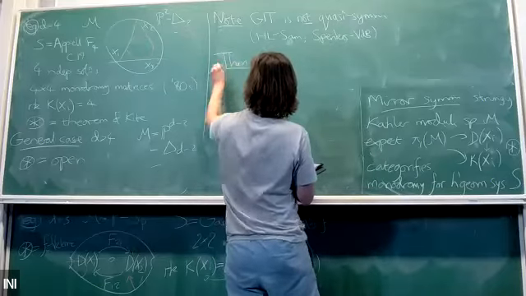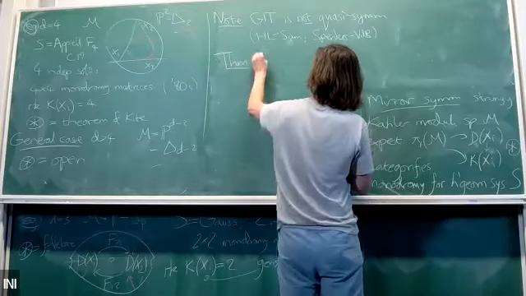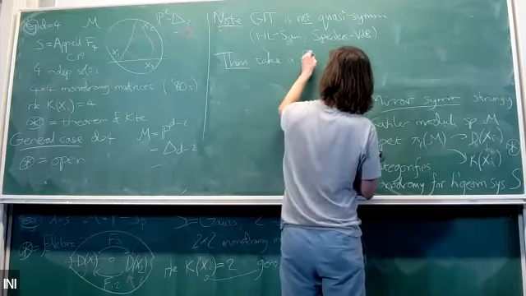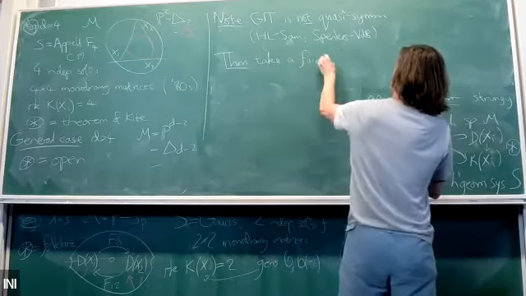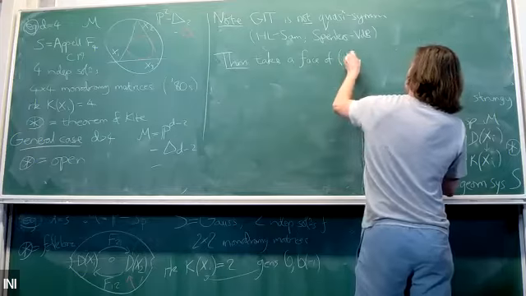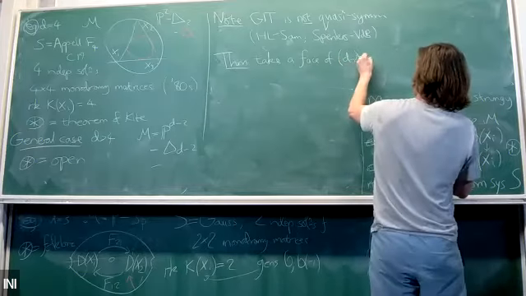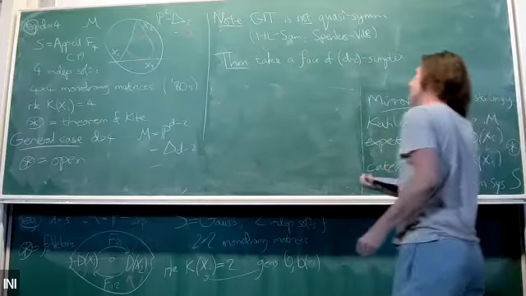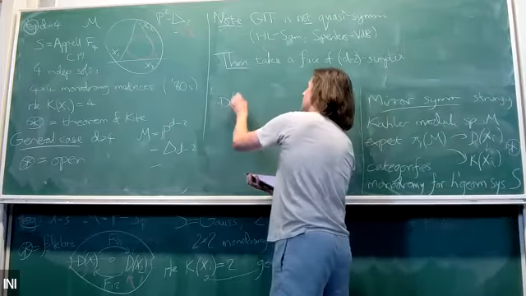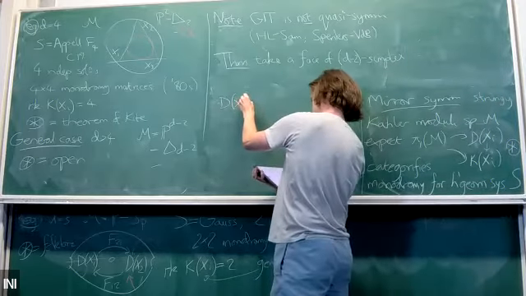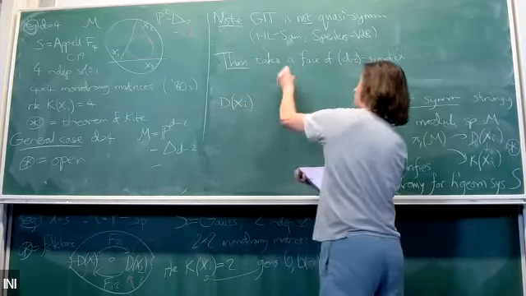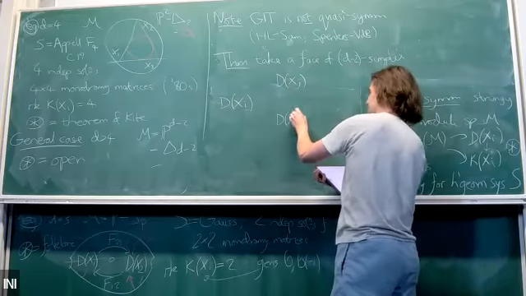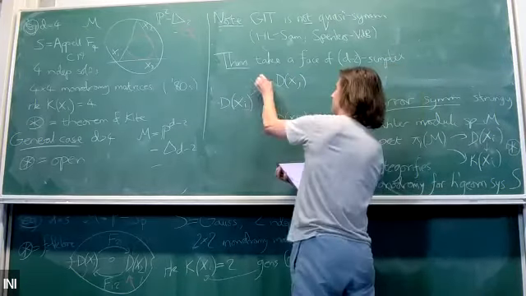So, theorem. Take place of this d-2 simplex, which we've constructed, and write down the derived categories D(X_i), D(X_j), D(X_k).